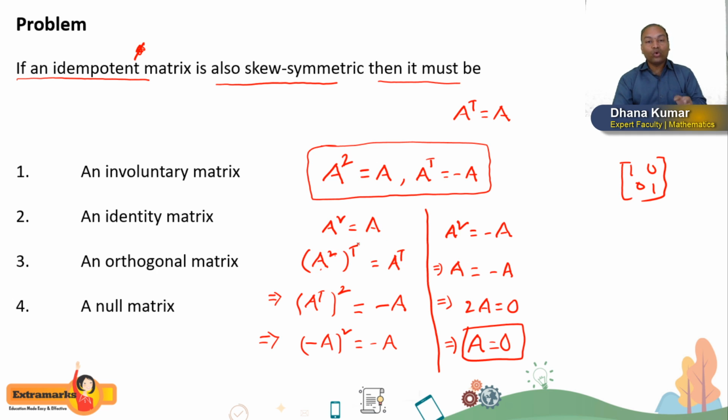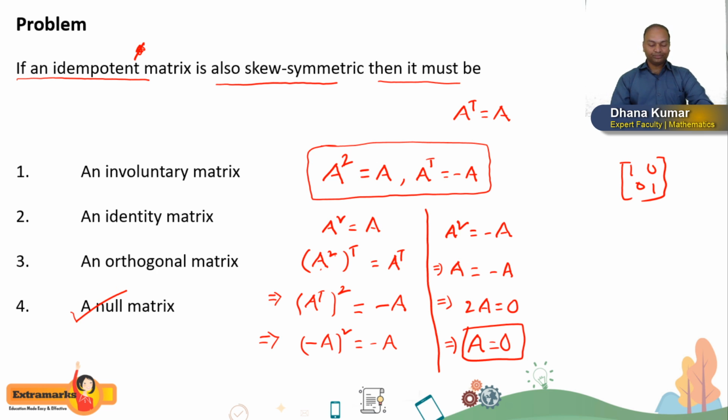So A square whole transpose can be written as A transpose whole square; both answers will be the same. But A transpose is minus A, so minus A whole square will be A square. But A square is A, and then with simplification we got A is the null matrix. So the fourth option is correct.